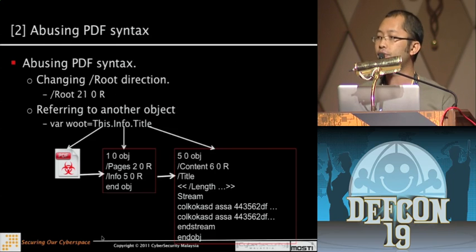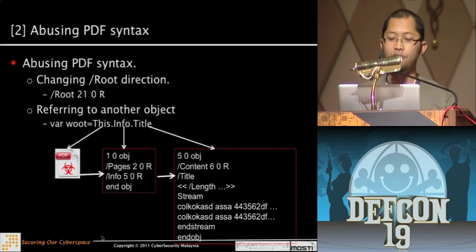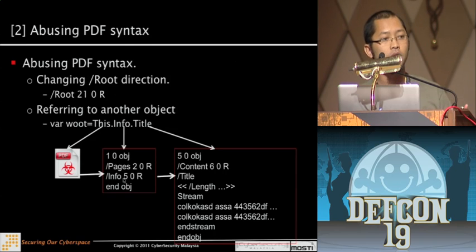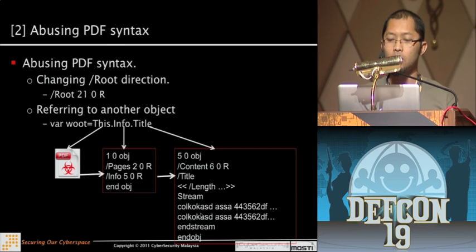This normally refers to the PDF itself, and .info always refers to another component, for example this one, /Info, which is a reference to object 5. So this is object 5, and then this is your title. So your variable root will be this string. Okay, that's pretty much the obfuscation that we saw in the PDF.